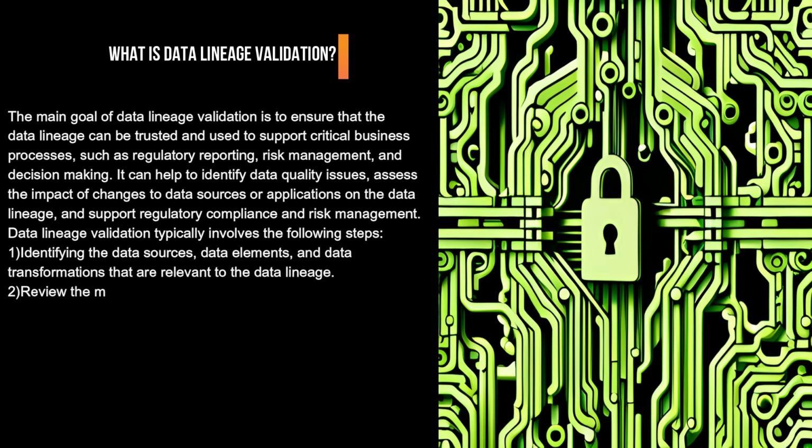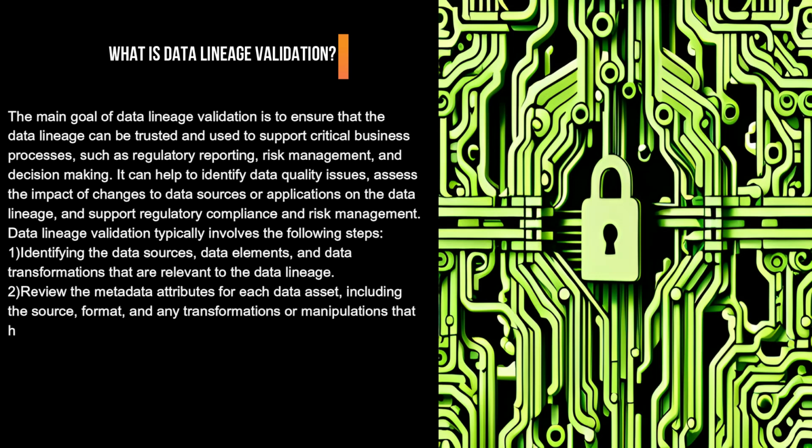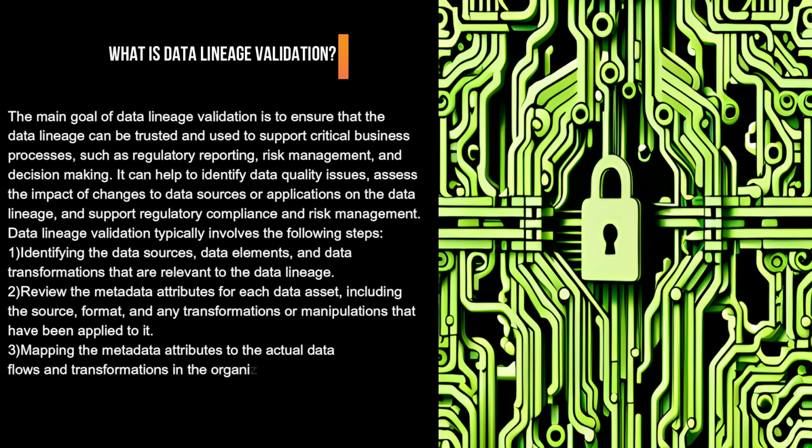1. Identifying the data sources, data elements, and data transformations that are relevant to the data lineage. 2. Reviewing the metadata attributes for each data asset, including the source, format, and any transformations or manipulations that have been applied to it. 3.